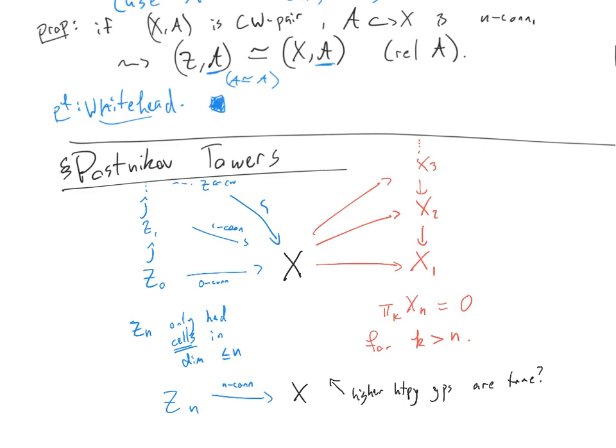And so, let's put it this way. This has all the higher homotopy groups of spheres, and kind of more garbage going on in degree bigger than n. So I'm talking about pi strictly bigger than n over here.